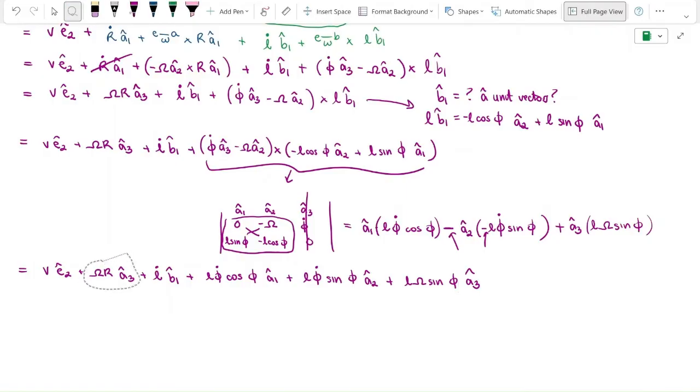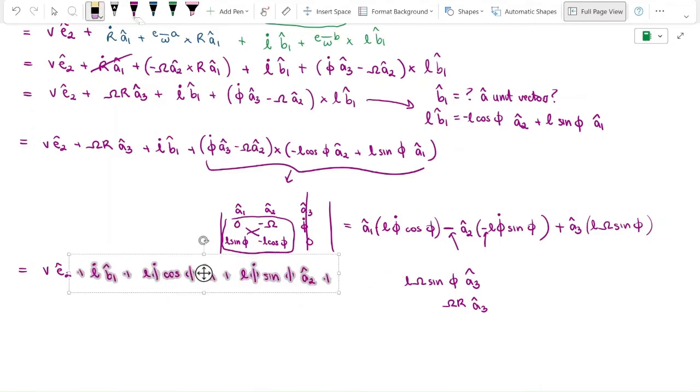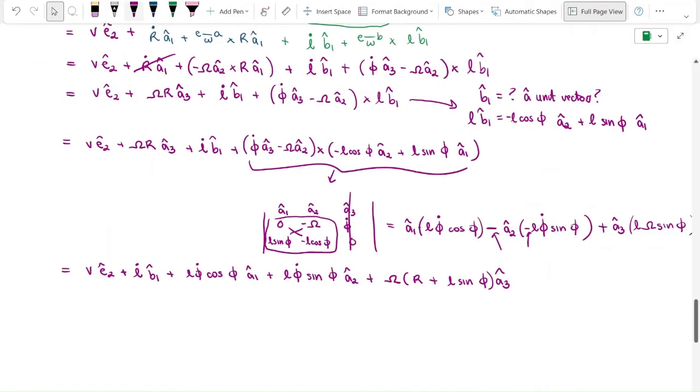I'm just going to move all these over. This becomes omega R plus L sine phi a3 hat. I just combined terms there. And that is going to be our expression for the velocity of point P with respect to E. So let me just look real quick.